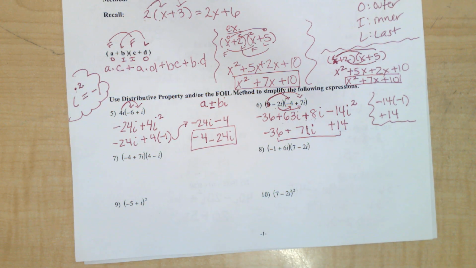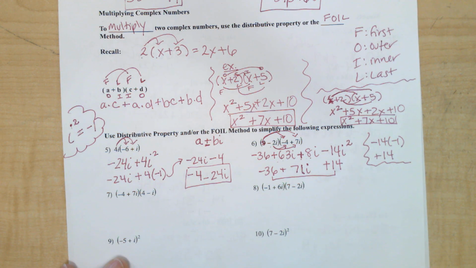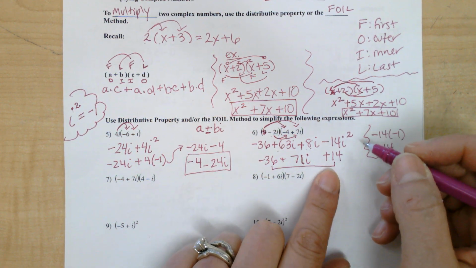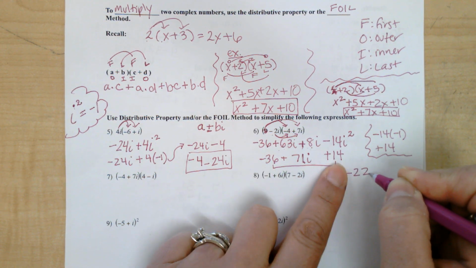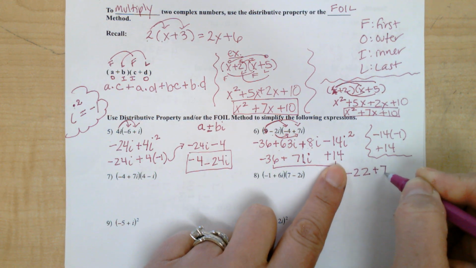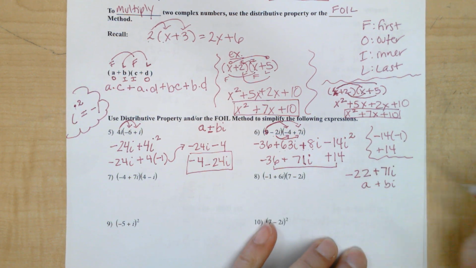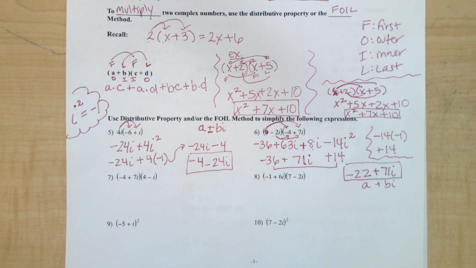So it's almost like you just have a couple more steps when you're multiplying. When we were using x's and a's, like we did above here, we didn't have as many extra steps. You do have to take care of some of these extra steps. So negative 36 plus 14 is going to give you a negative 22. This and this, negative 22 plus 71i. And we did write it in a plus bi form, so we are good to go. And that's what you get when you multiply.